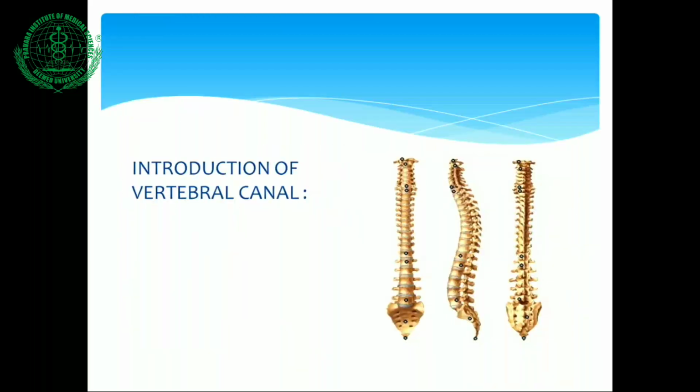The articular disc mainly consists of centrally nucleus pulposus and peripherally annulus fibrosus. This vertebral canal in the body allows the passage for spinal cord.